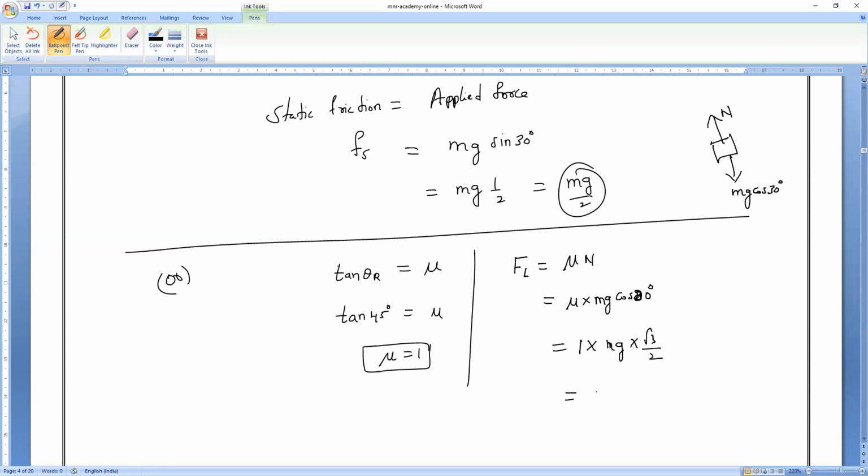This is mg by 2 into root 3, so if you want, you can solve it.